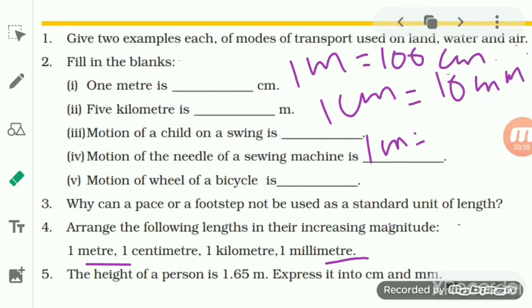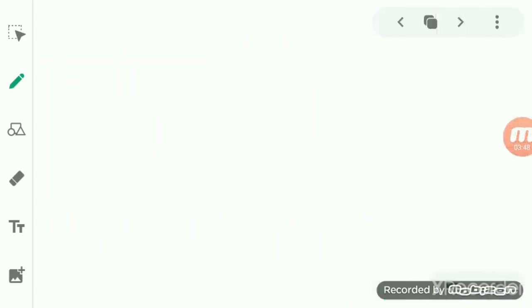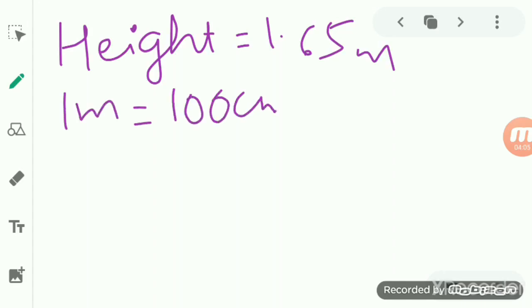Now see here, the height of a person is 1.65 meter. Express it into centimeter and millimeter. So right now we studied that. Now see here, what is the height of the person? Height is equal to 1.65 meter, and we have to express this into centimeter. So we know that 1 meter is equal to 100 centimeter.